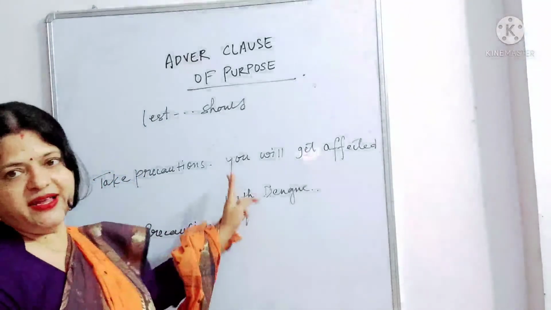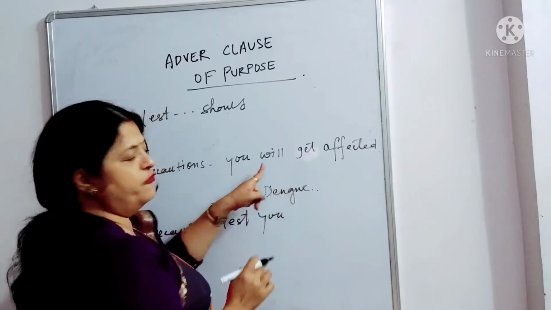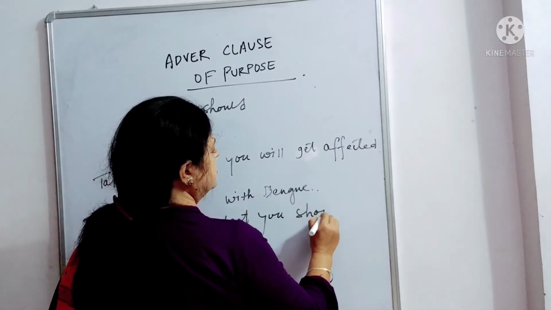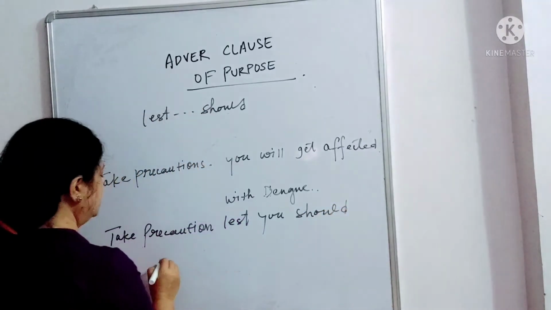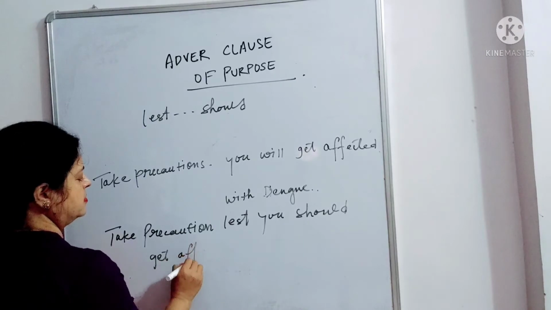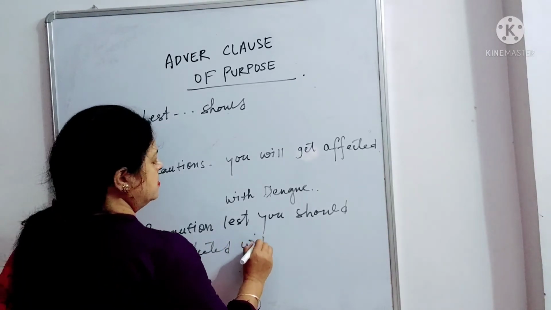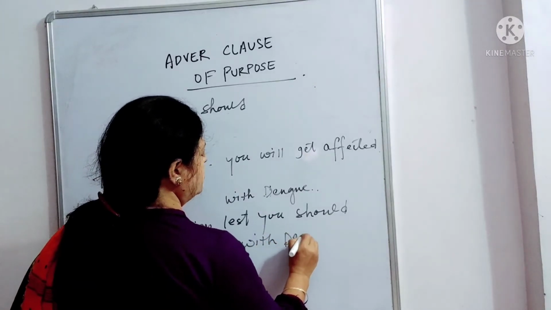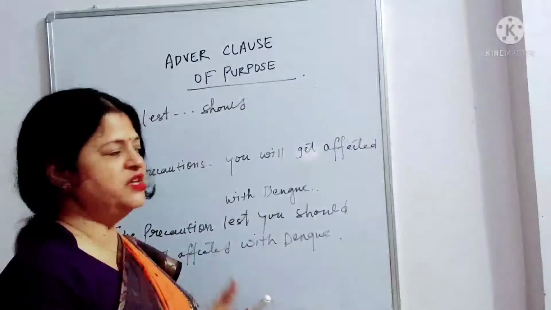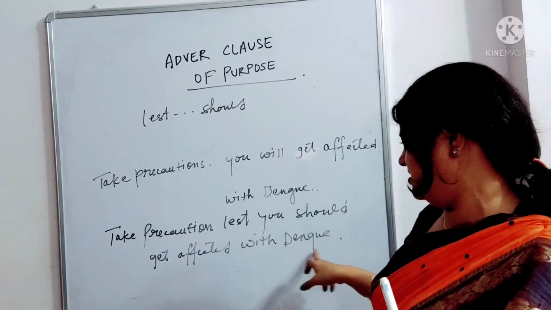After lest, we add the subject: lest you, and instead of will we write should. Lest you should get affected with dengue. Now this sentence is giving the right meaning. Take precaution lest you should get affected with dengue.